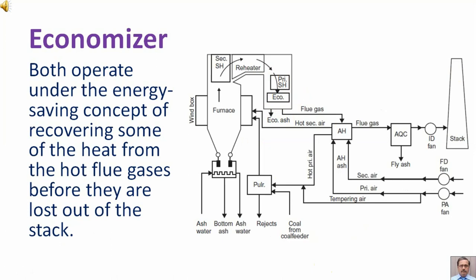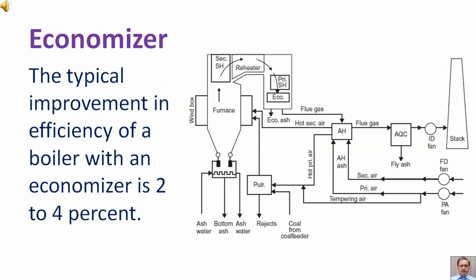Both operate under the energy saving concept of recovering some of the heat from the hot flue gases before they are lost out of the stack. The typical improvement in efficiency of a boiler with an economizer is 2 to 4%.